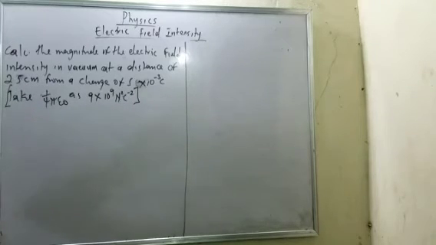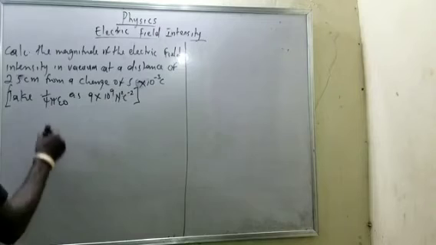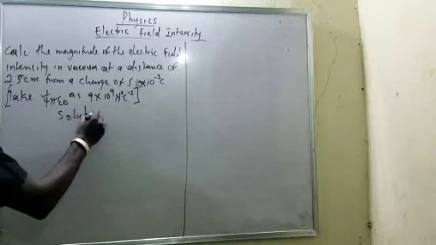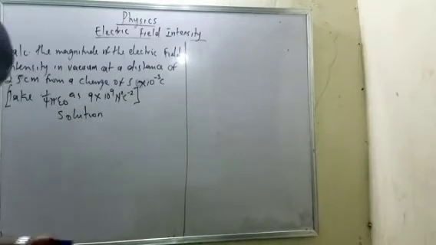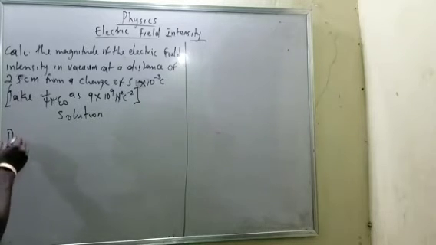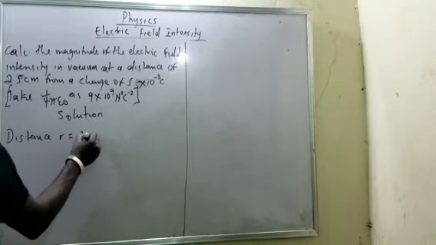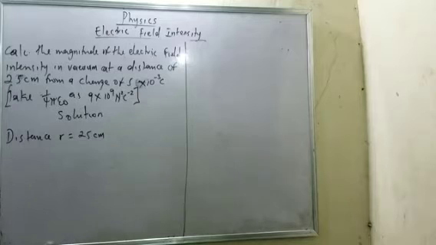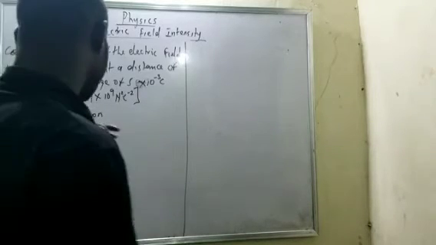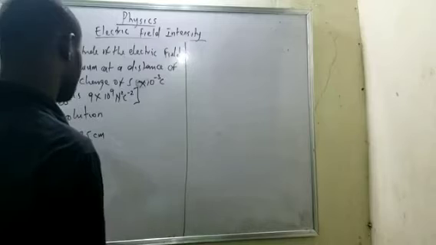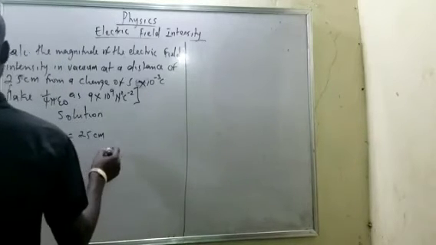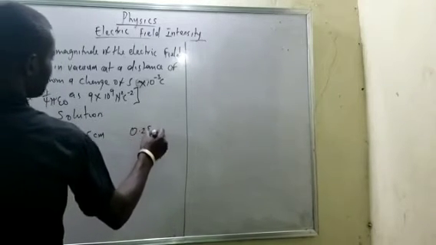Now I have this problem to solve, which is a very simple one. Solution to this. Now, what should I do? The first thing I have is distance. I have distance from the problem, which is known as R, as 25 centimeter. Now, I can't use centimeter, I've told you it is not standard, so I'll convert this to meter, which will be 0.25 meter.